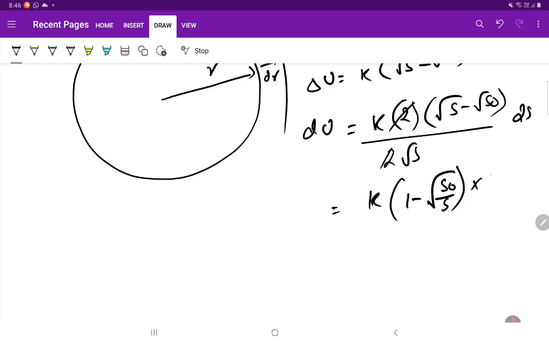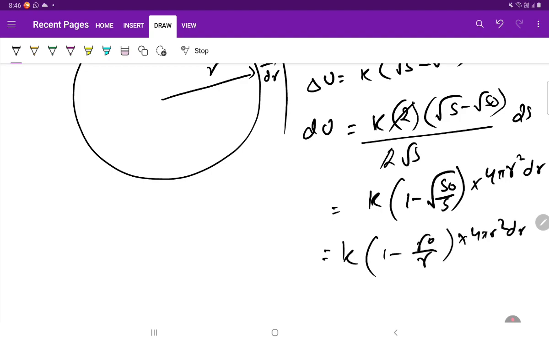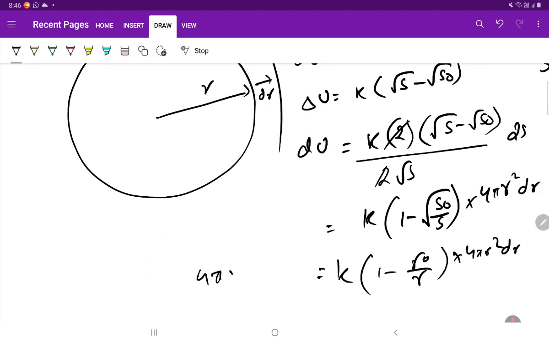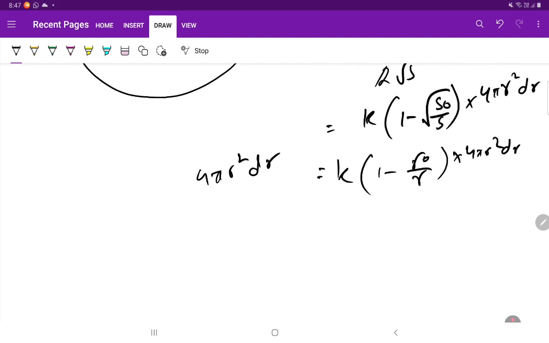What is ds? ds can be written as 4 pi r square dr. Now s naught by s can be written as k into 1 minus root 1 minus r naught by r, which is equal to 4 pi r square dr.